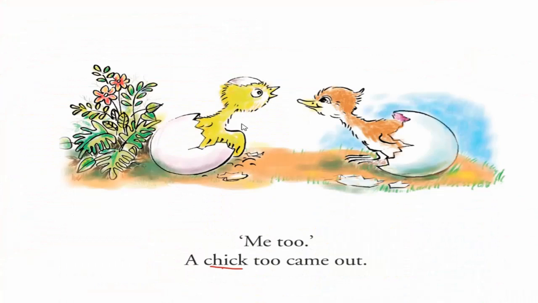Yes. Who is this? One chick. One chick. From this egg, one duckling. This egg, one chick. They are very happy. Okay, what does our chick say? Chick said what? Yes, me too.